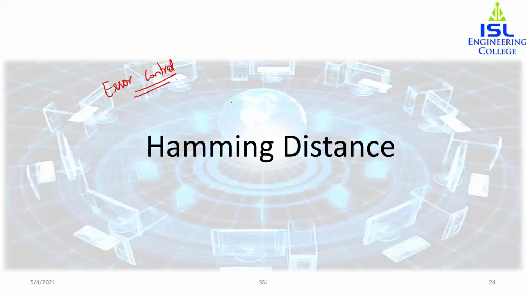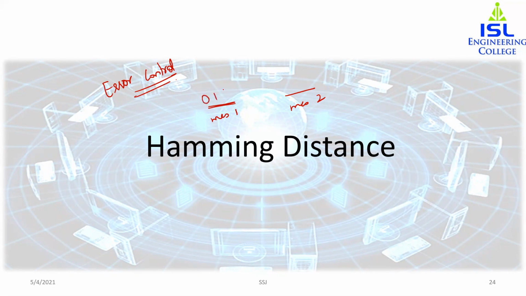So if we have two messages, message 1 and message 2, then between these, the number of differences between the corresponding bits. Suppose if we have 0, 1, 0 and 0, 1, 1, then how many different corresponding bits are there? So 0 matches, 1 matches, and 0, and here instead of 0 we have 1.